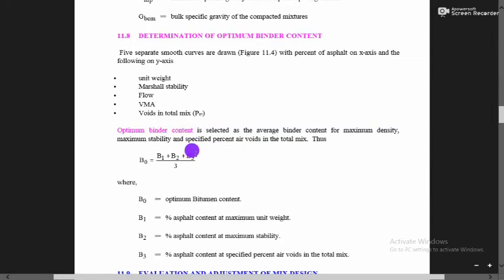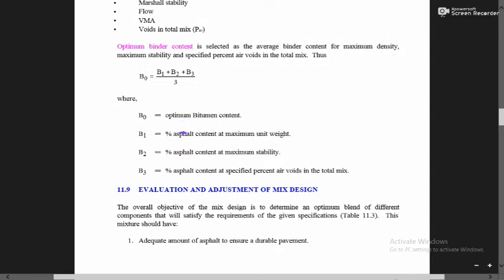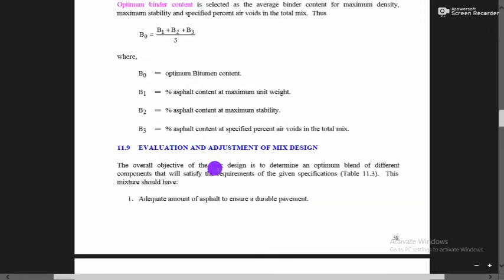Optimum binder content is selected as the average binder content of the maximum density, maximum stability, and specified percent air voids in the total mix. The formula: B0 is the optimum binder content, B1 is the percent asphalt content at maximum unit weight, B2 is the asphalt content at maximum stability, and B3 is the asphalt content at the specified percent air voids in the total mix.